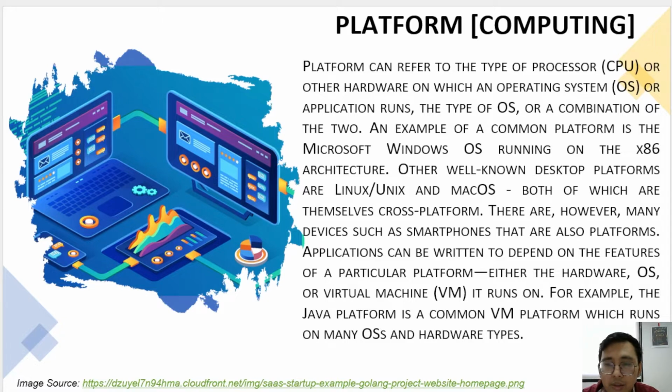So this is the common platform where Windows is running on what they call the x86 architecture, and also other well-known desktop platforms such as Linux or Unix and Macintosh, both of which are themselves called cross-platform operating systems. However, devices such as smartphones are also operating system platforms.